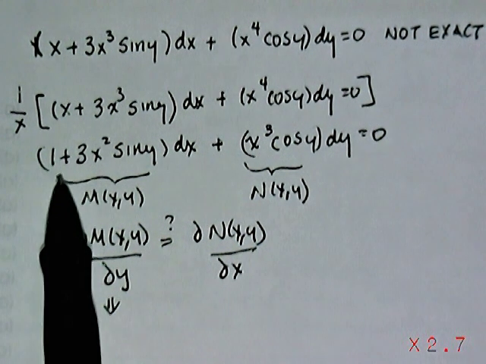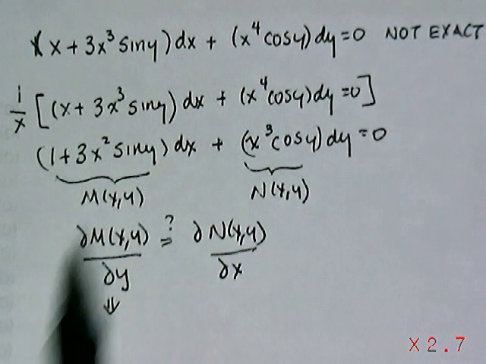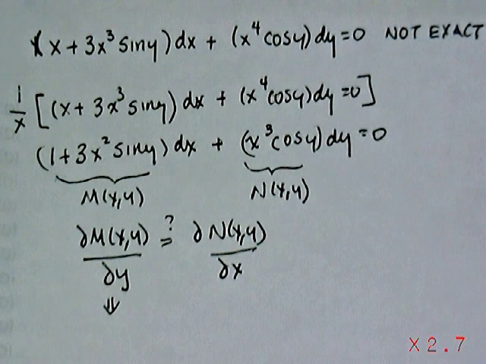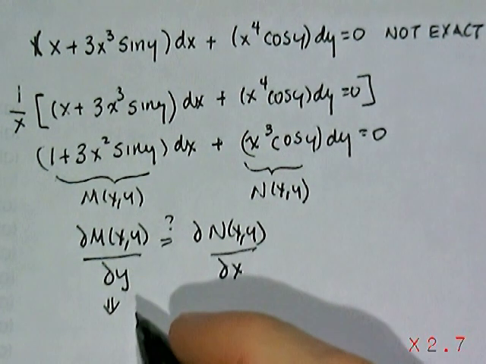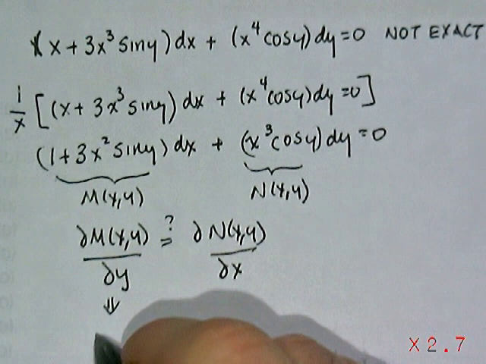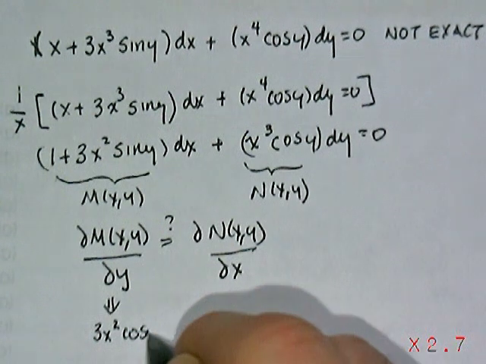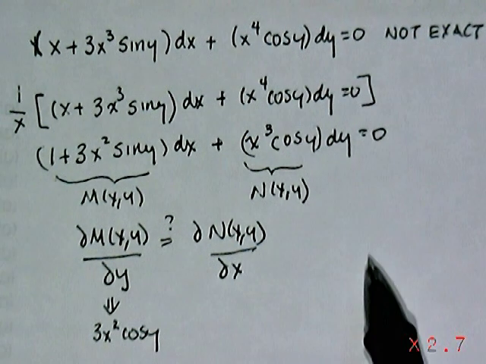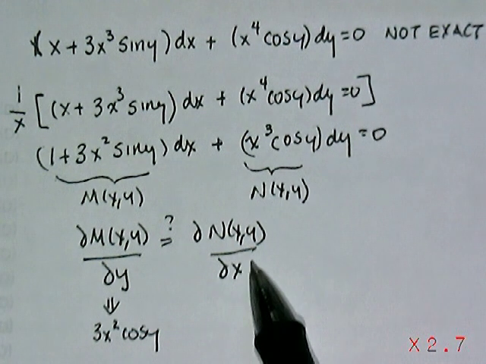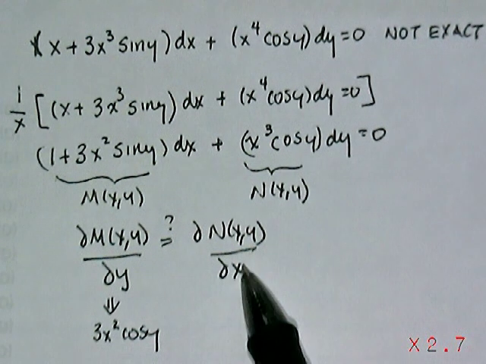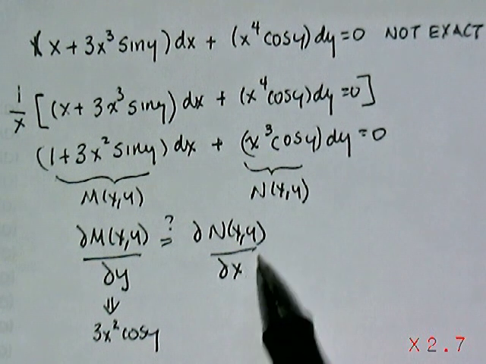Derivative of 1 will be 0. This will be treated as a constant times the sine of y. Derivative of sine is cosine. So then what we would be obtaining is 3x squared, that constant term, times cosine of y. Now come over here. We want to take the partial of this expression with respect to x. That means take derivatives with respect to x.